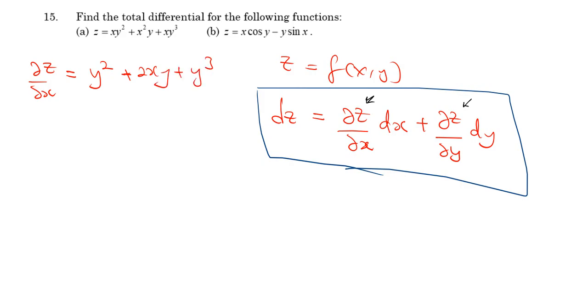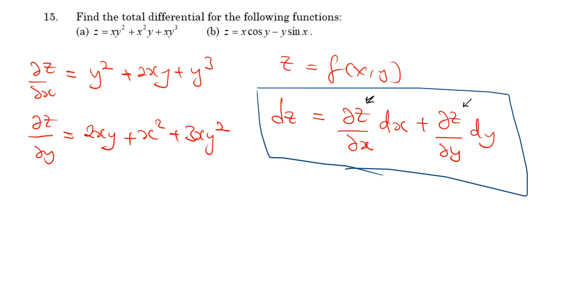Then we find the partial of z with respect to y, and that is just going to be 2xy plus x squared plus 3xy squared. So this is what you get.